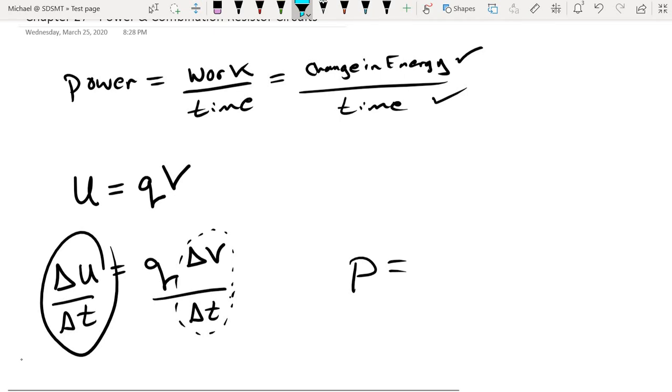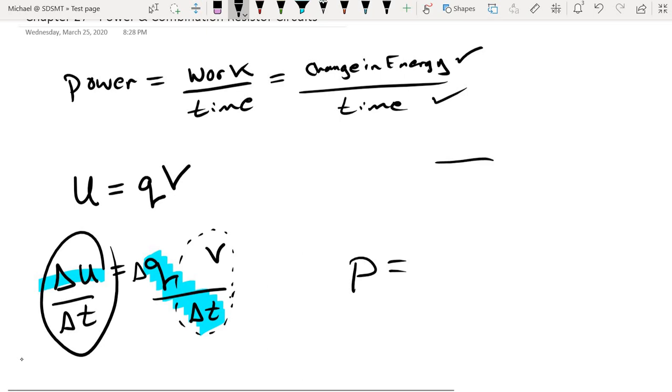Instead, I am going to combine the change in charge with respect to time. Because when we say that there has to be a delta on both sides of the expression, who's to say that that delta has to be with the potential? Maybe we could have a change in charge instead.